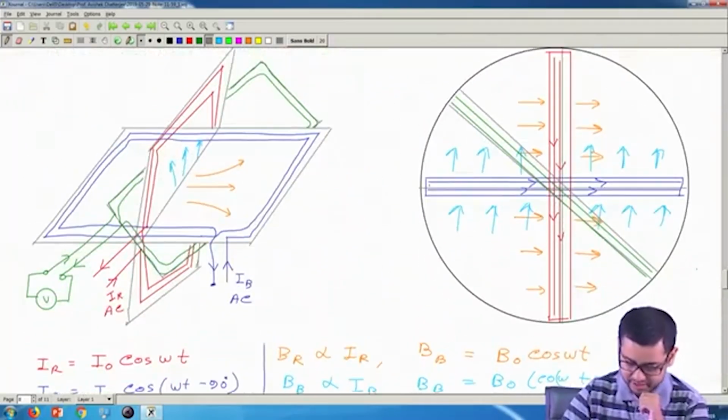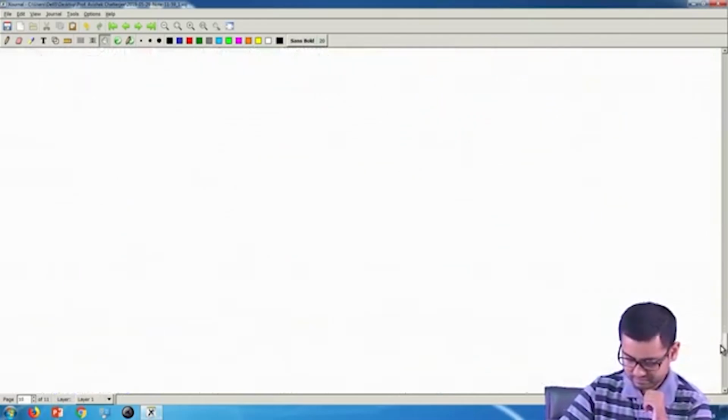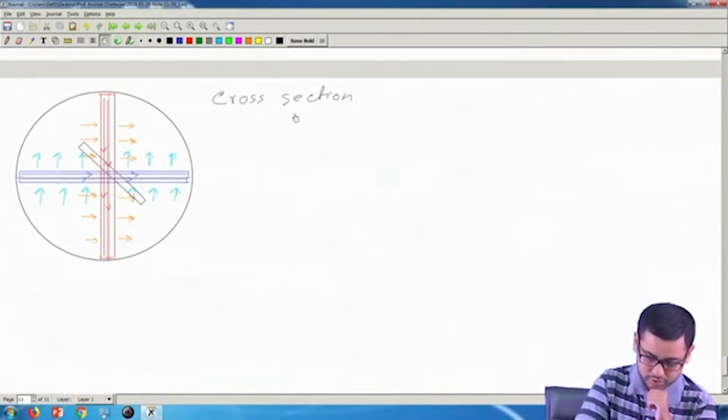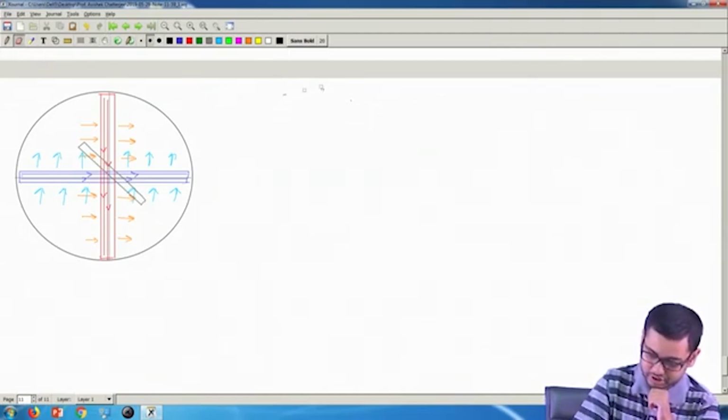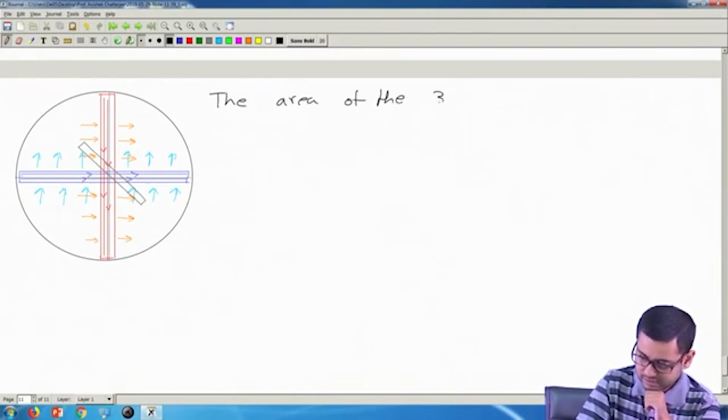In this diagram, this area. So the area of the third coil is equal to A, and it is at an angle of theta.